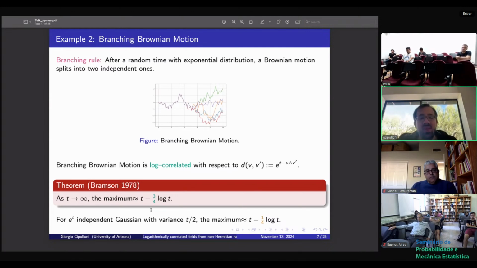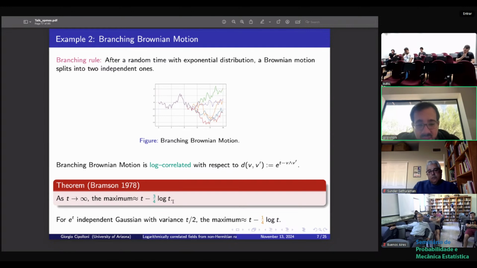So in particular, we will see later on, and one can expect, that one can use this 3/4 to identify the class of logarithmically correlated fields, so that for many logarithmically correlated fields, maybe one can prove that they fall in the same universality class, in the sense that they have the same coefficient here.